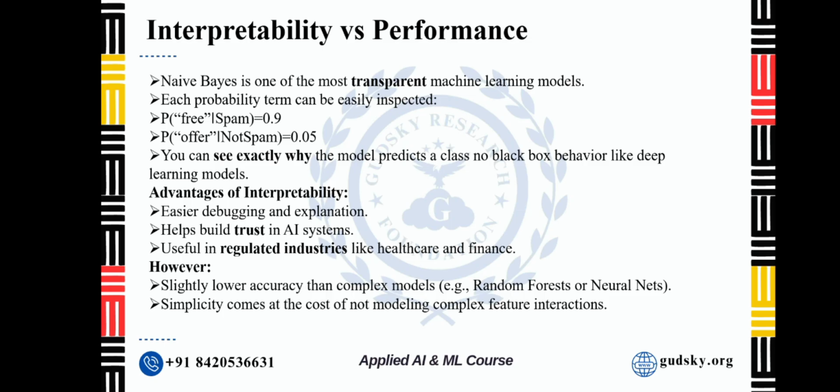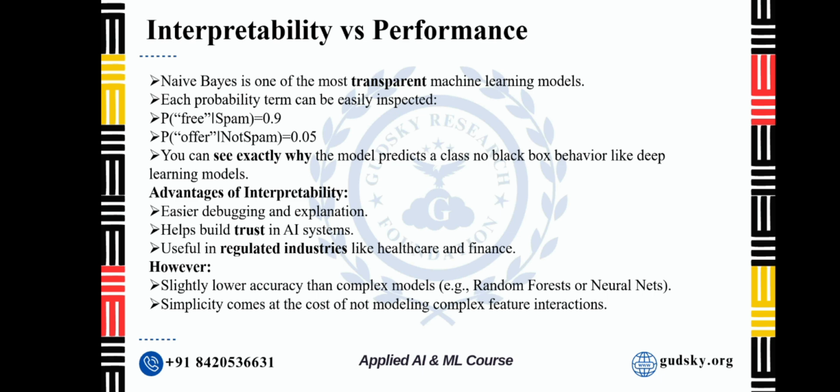This interpretability is incredibly useful for debugging models, checking why a certain decision was made, building trust, especially in healthcare, finance, or legal systems where transparency is critical, and explaining results to non-technical stakeholders.